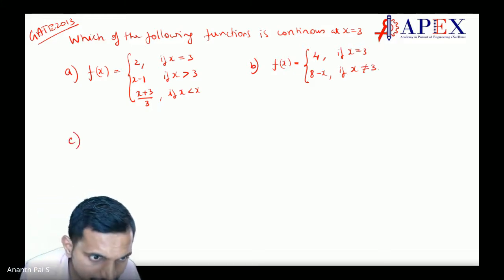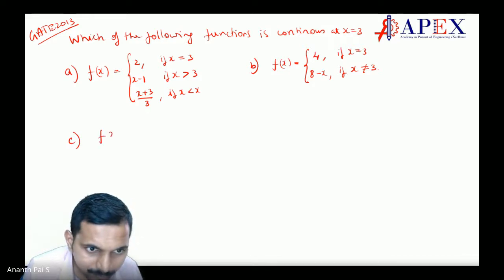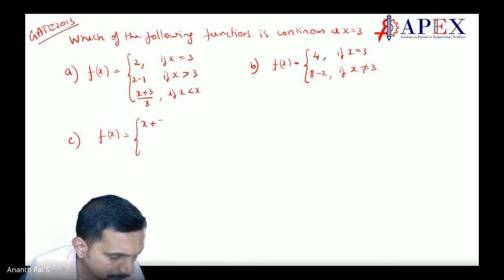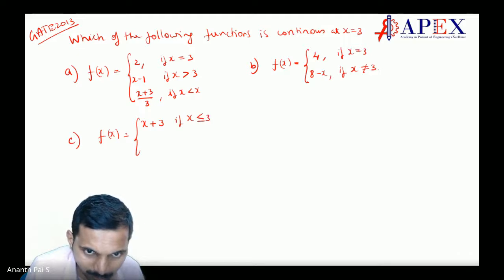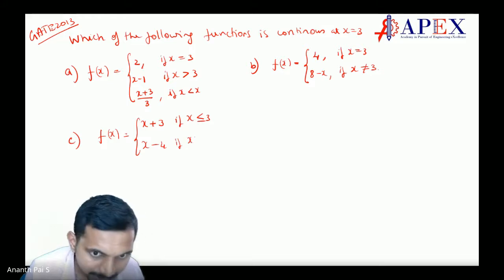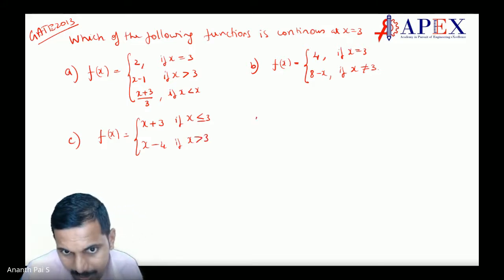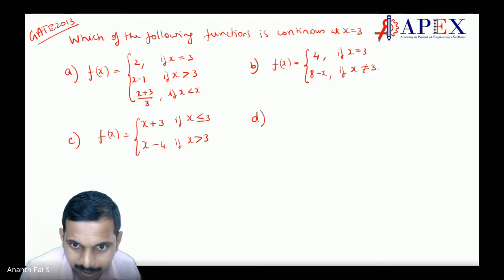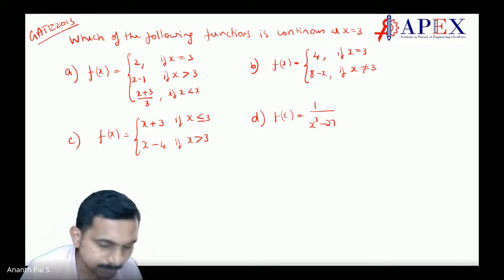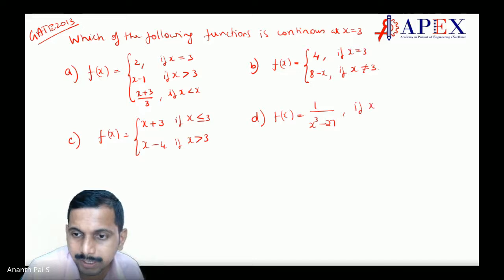C: f of x is equal to x plus 3 if x is less than or equal to 3, x minus 4 if x is greater than 3. D: f of x is equal to 1 by (x cube minus 27) if x is not equal to 3. That's it.